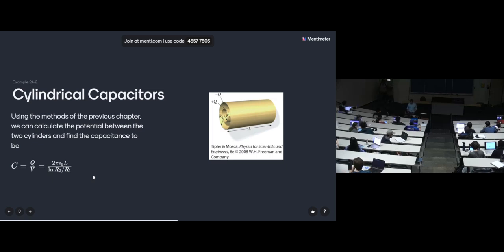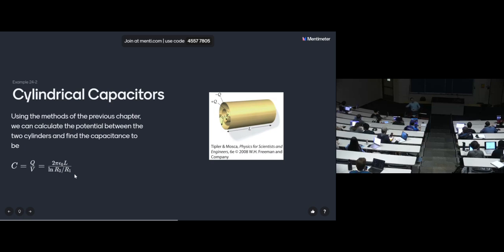And so the relationship is still epsilon naught A over D, but that's kind of obscured here a little bit, right? I mean, it depends on the area. Well, that's where our pi and L come from. And then we've got divided by the log of the ratio between the outer and inner radius.